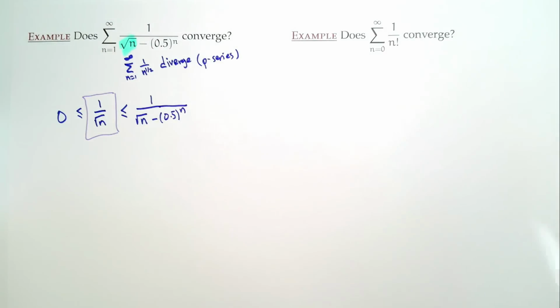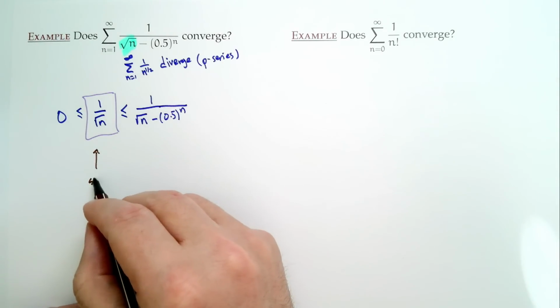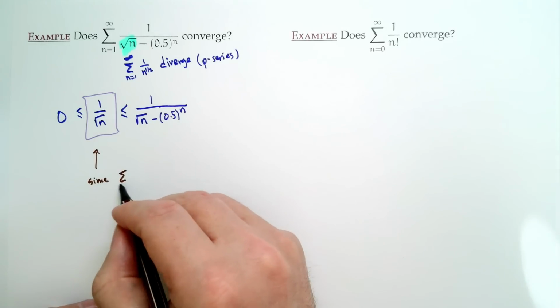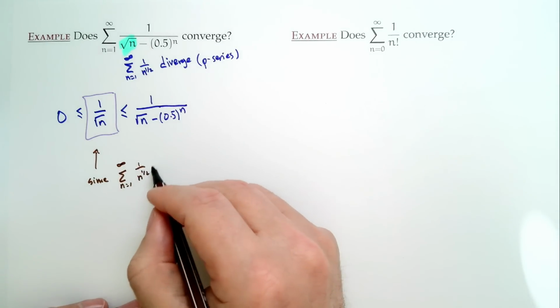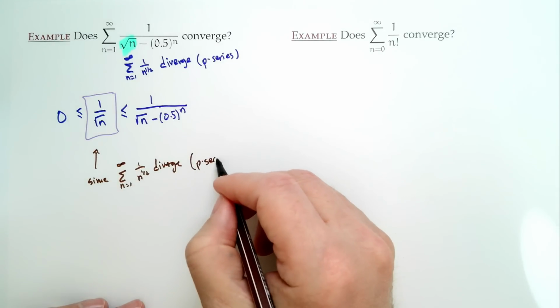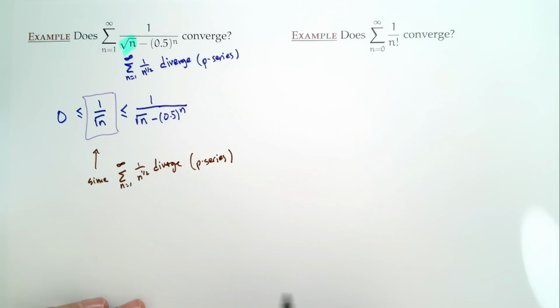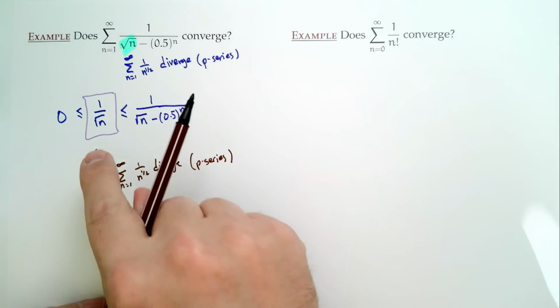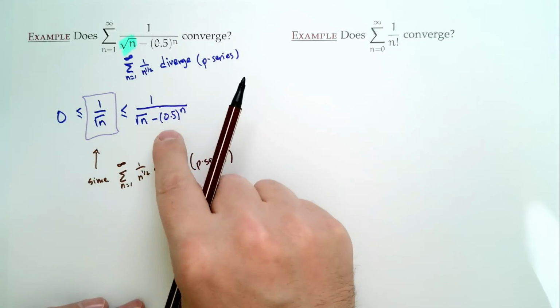And what's our conclusion? Well, since this sum here is diverging, and we'll go ahead and rewrite this again, so we get used to writing this stuff down. Since we know that that diverges, it's a p-series, so that says this is already huge, this has got to be even bigger.